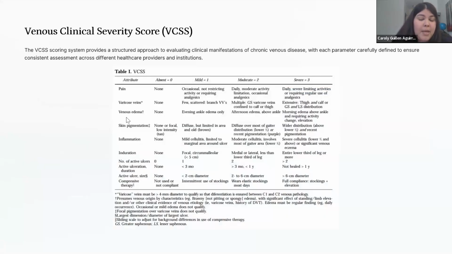So we have the main topics: pain, varicose veins, venous edema, skin pigmentation, inflammation, induration, and also number of active ulcers, duration of active ulceration, and active ulcer size, and also added the compliance with compression therapy.